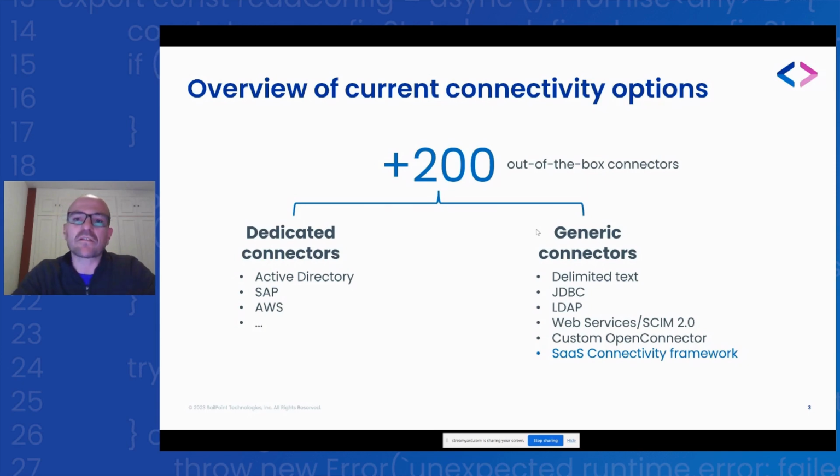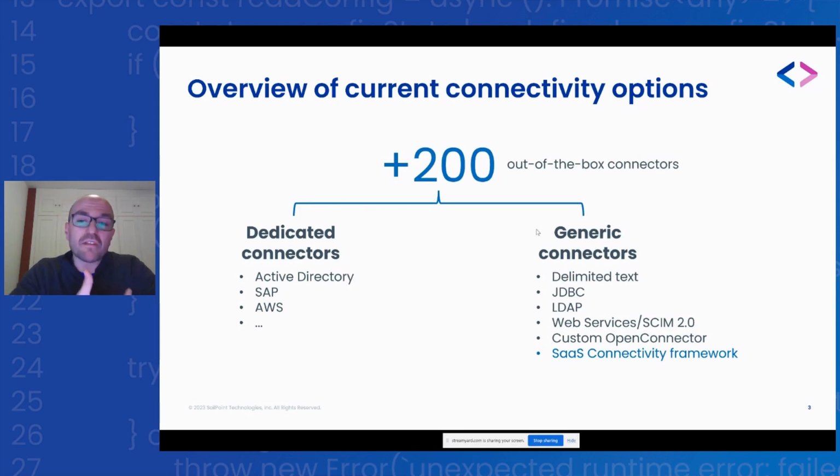But generic connectors are, obviously, generic. We have the delimited text, JDBC, and LDAP. They are totally bound to the protocol, but they totally depend on the schema you might find beneath them.